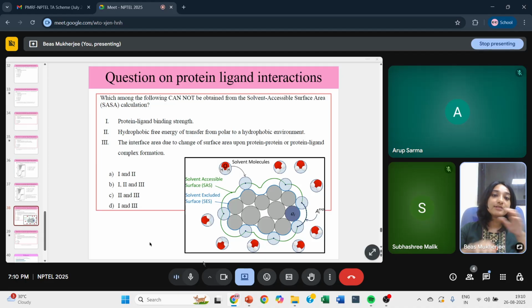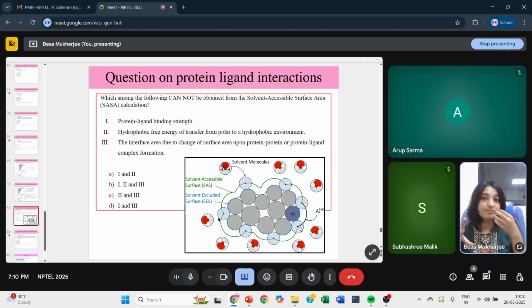The surface area of the protein that is exposed to these water molecules is called the solvent accessible surface area. If you look at this figure here, you will see that this entire region surrounding the protein is the radius of the water molecule plus the radius of the protein. Together that makes up the total hydrodynamic radius.